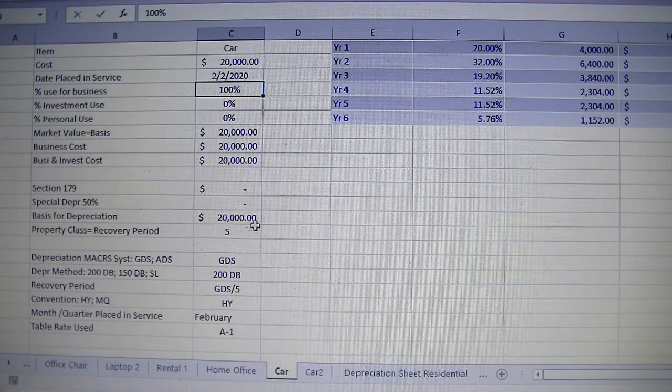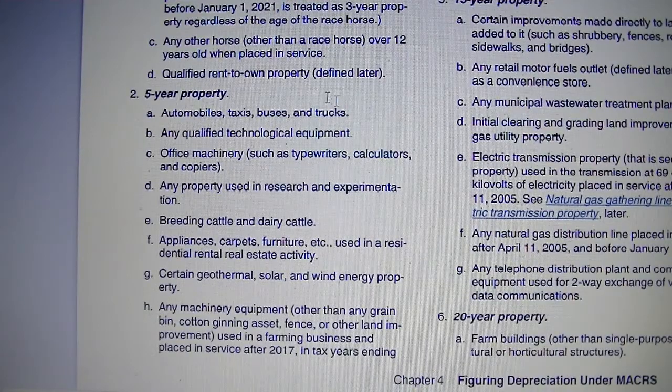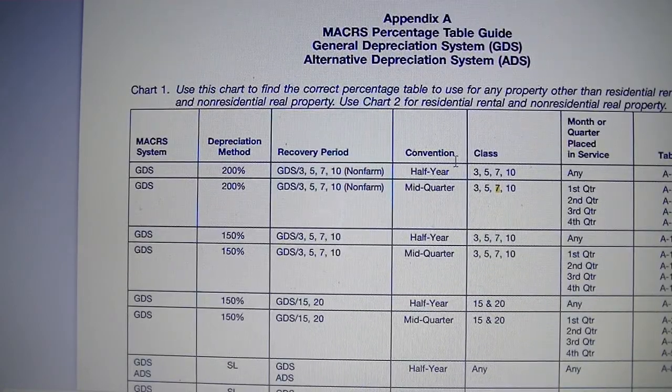So you'll complete step 1, and let's complete all the remaining areas of step 1. So you'll use Publication 946 Appendix A to complete the bottom section of step 1. So it's going to be page 69 of Publication 946, How to Depreciate Property.